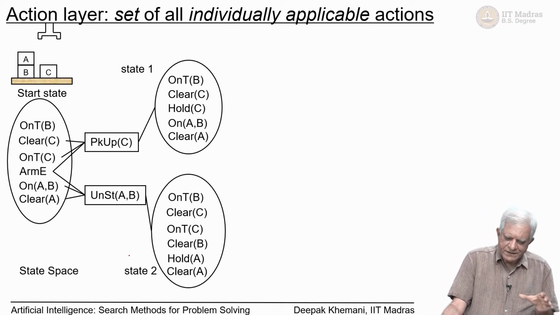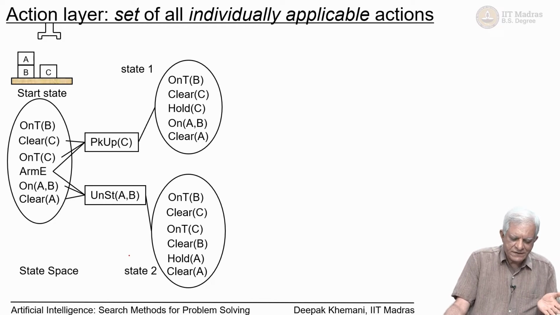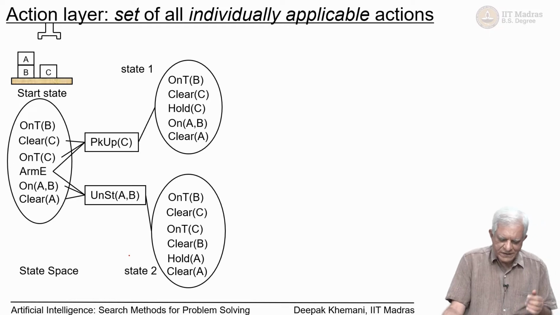This was the state space approach in this problem that we are looking at. So, we are not at this moment concerned about what the goal state is. We just know that this is the start state here, and the first node on the left shows the start state. Then you can see that there are two actions possible, pick up C or unstack A from B. They take you to two different states, state 1 and state 2.